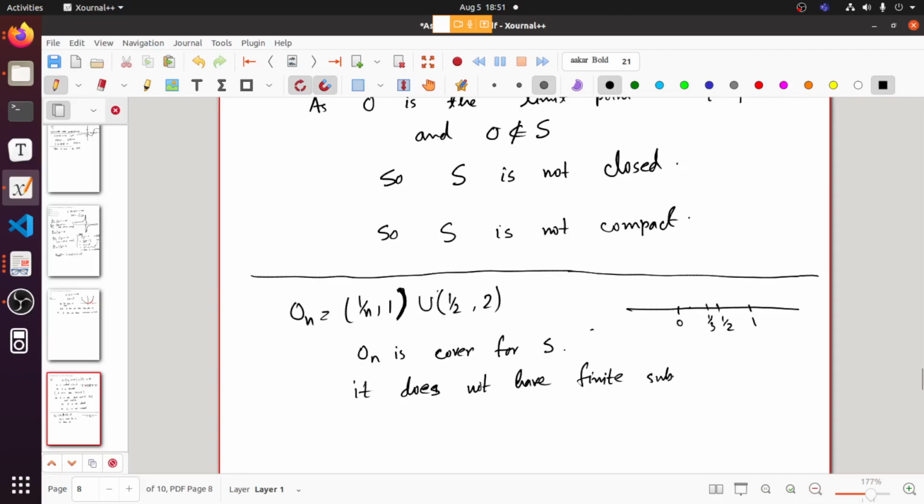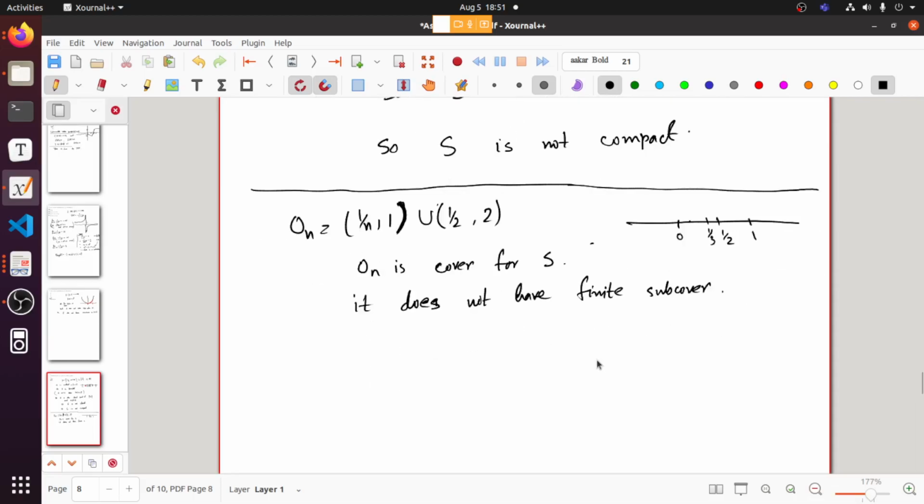Now what you are saying is, if you include the 0, then what happens? Suppose we define S tilde, which is 1 by n, n belongs to N, union 0. Then will this cover work? This cover will not work, right? You have to take some cover around 0. As soon as you take some cover around 0, it will contain infinitely many of the 1 by n.